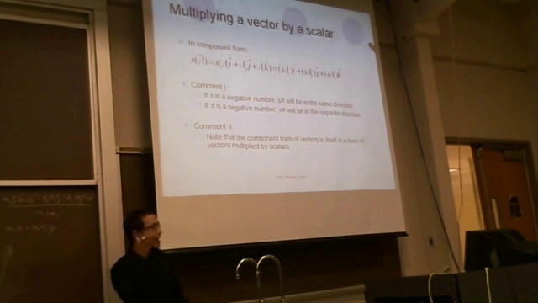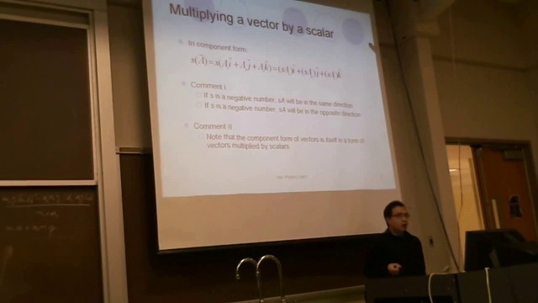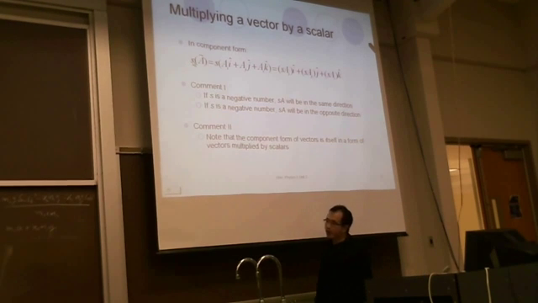If you multiply a vector by a scalar, it's very easy to understand in component form. If you have a vector A and a scalar S, it will be some number: 2, 5, 10, whatever.